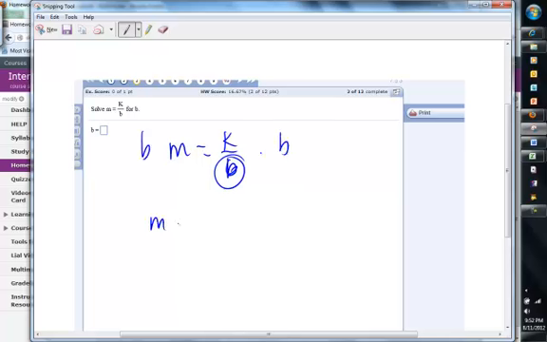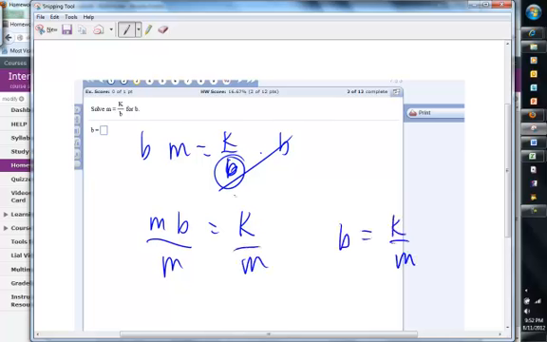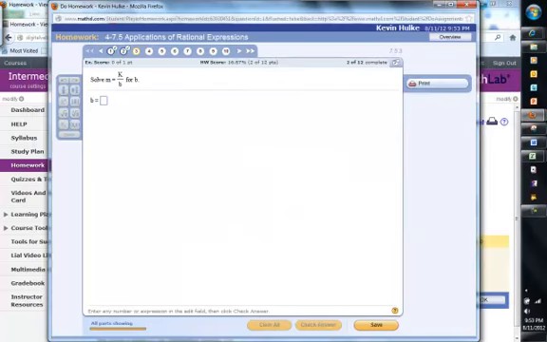We get mb equals k. Divide both sides by m. B equals k over m. Sometimes you can just switch these two around and you will have the equivalent equation. So it's capital K over lowercase m.